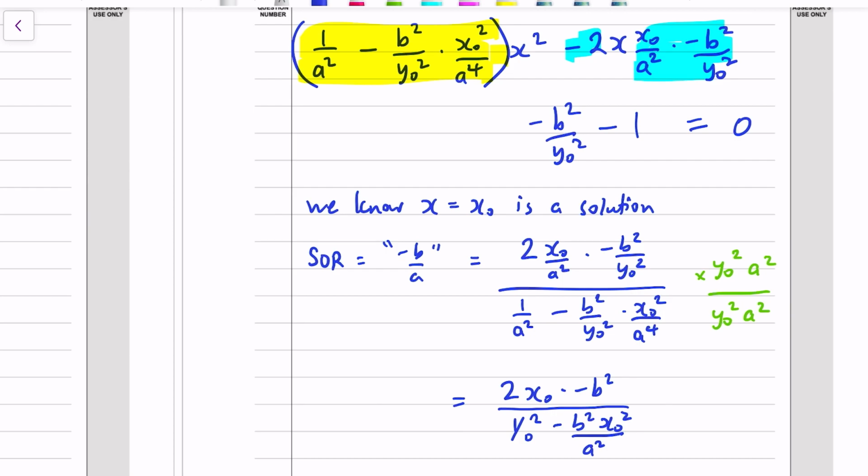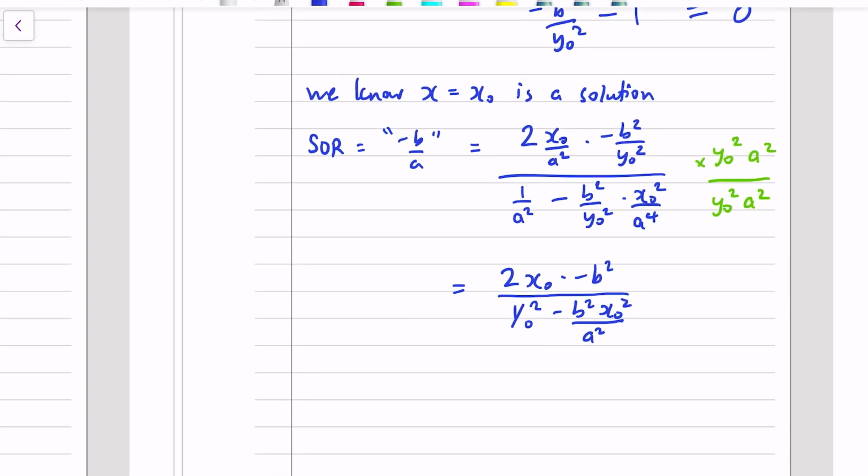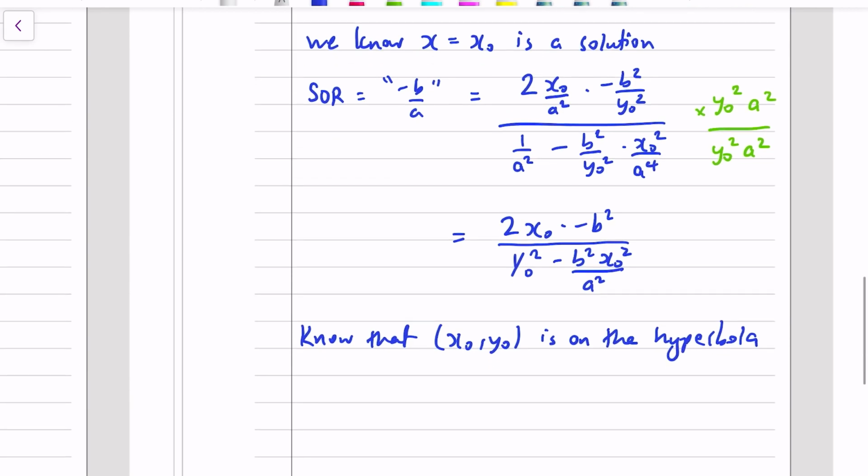I've got to prove that this is equal to 2x naught. So the whole other thing should disappear, go to 0. No, not go to 0, go to 1. Oh, I know that x naught y naught is on the ellipse. I keep saying ellipse, I mean hyperbola. It's on the hyperbola. Therefore, this must be true.